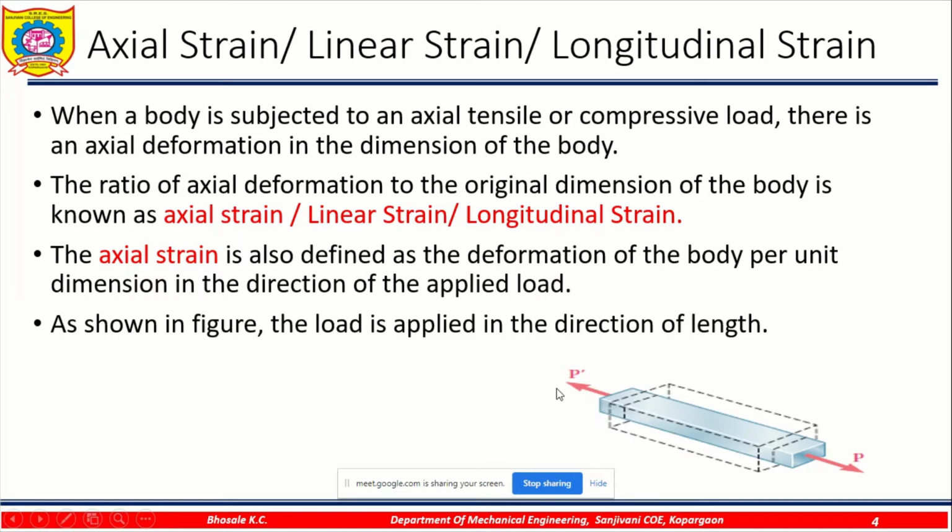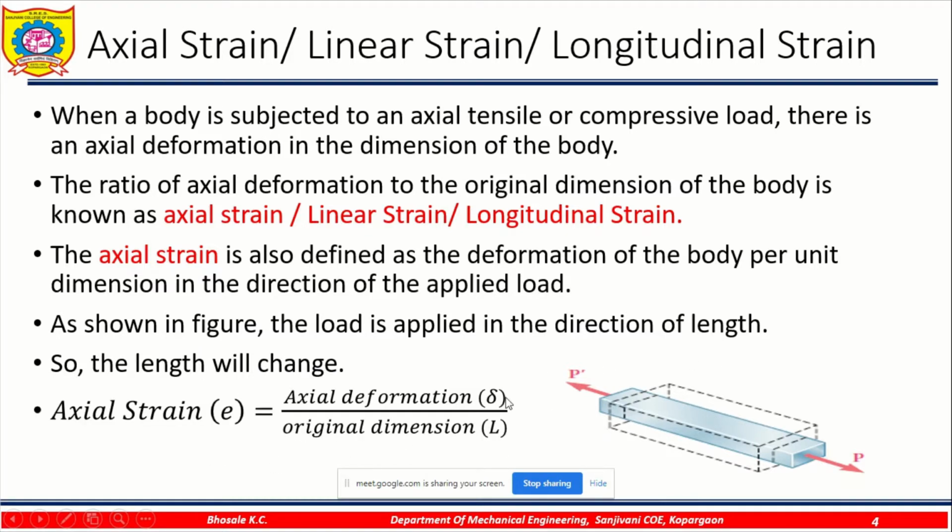For this particular figure, we have applied the load in the direction of the length, so length will increase. The axial strain will be equal to axial deformation, that is delta L upon original dimension. It is also denoted by small e.